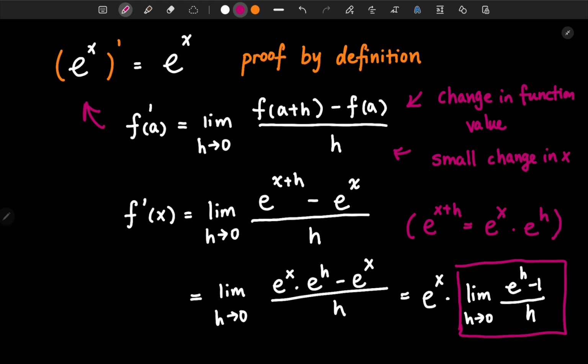If it's a separate question, then you can probably use L'Hopital's rule because you have a 0 over 0 case. But since here we want to prove by definition the derivative of e to the x, we'll try a different method. Let's use the Taylor expansion for the e to the h function.